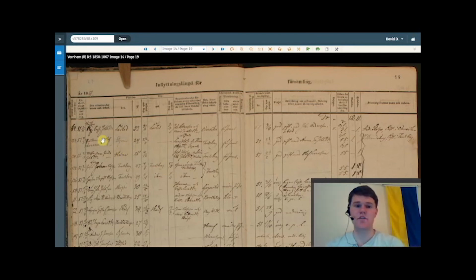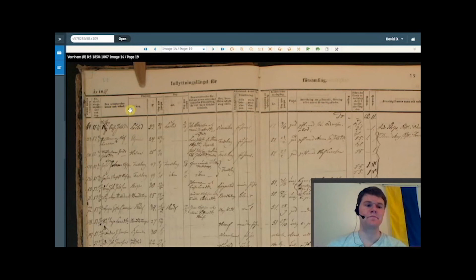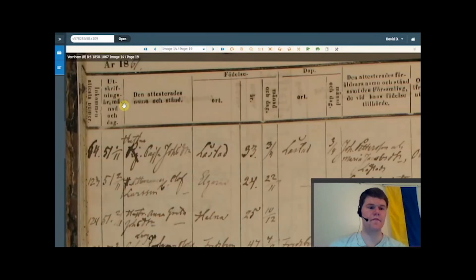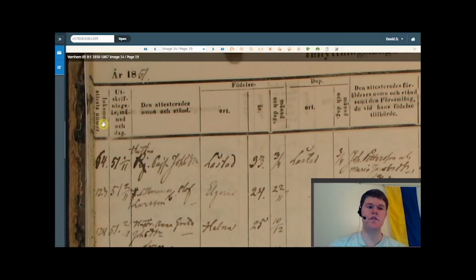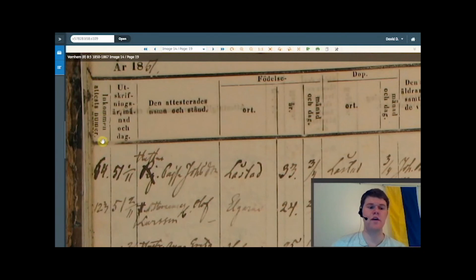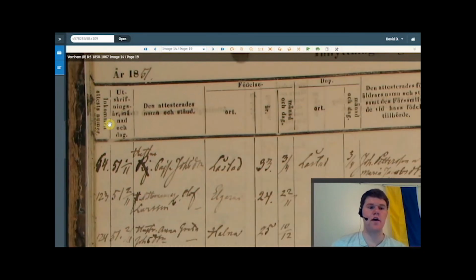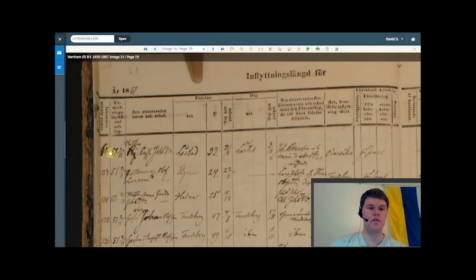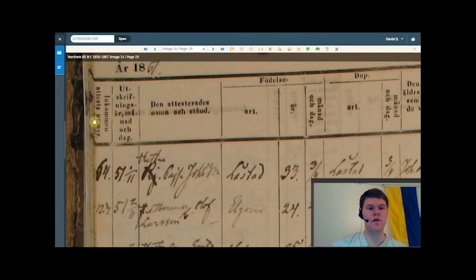So let's go over some of this terminology for these kinds of records. Here is the moving in number that they are. It's like an incoming number basically.